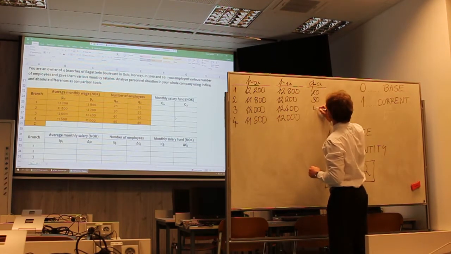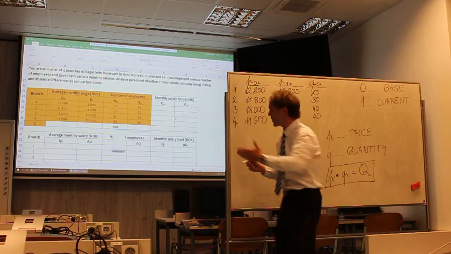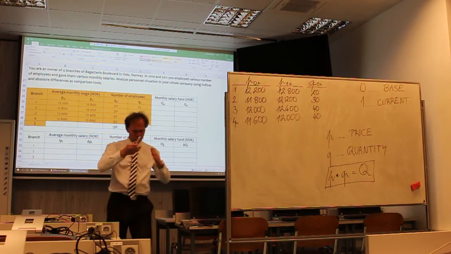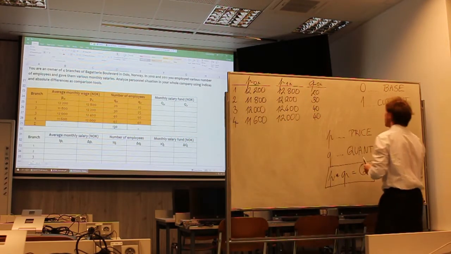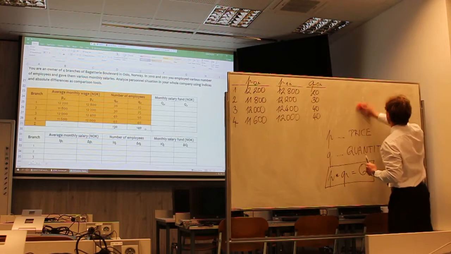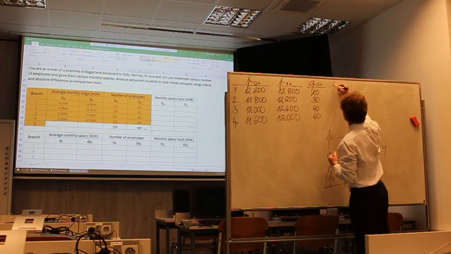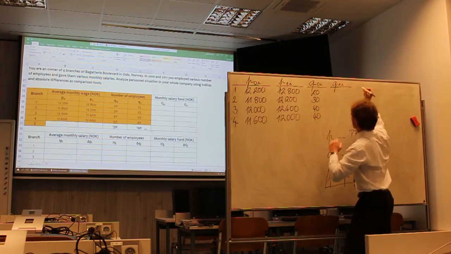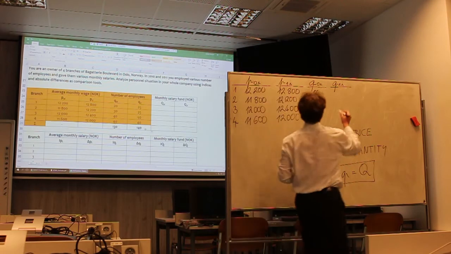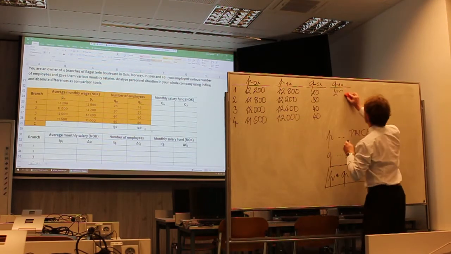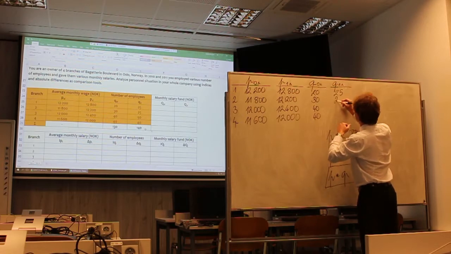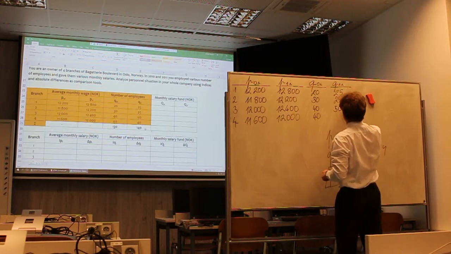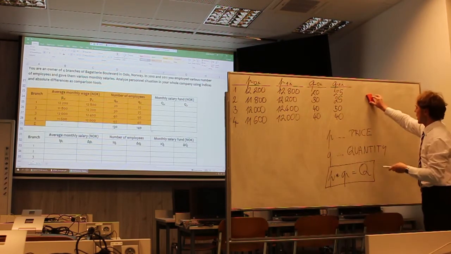And now, there is new year, and in year 2011, you employed different number of employees, Q in the period 1 in each branch office: 25, 25, 50 and 40. Okay, so this is your table.